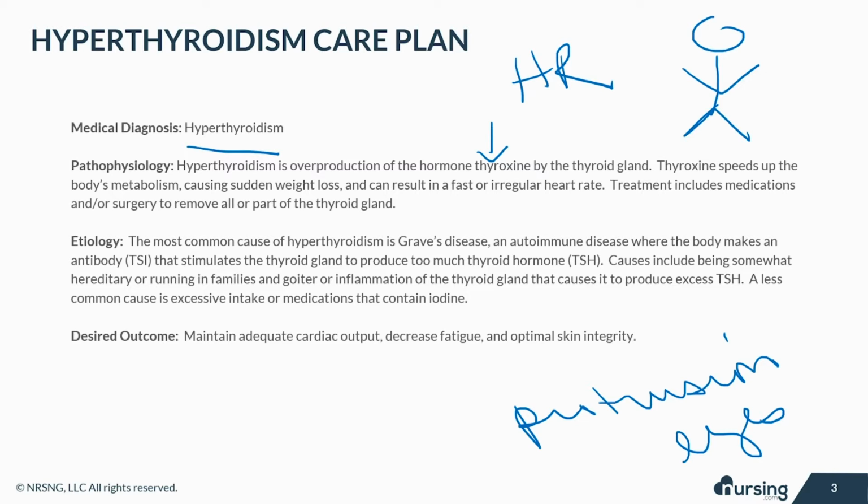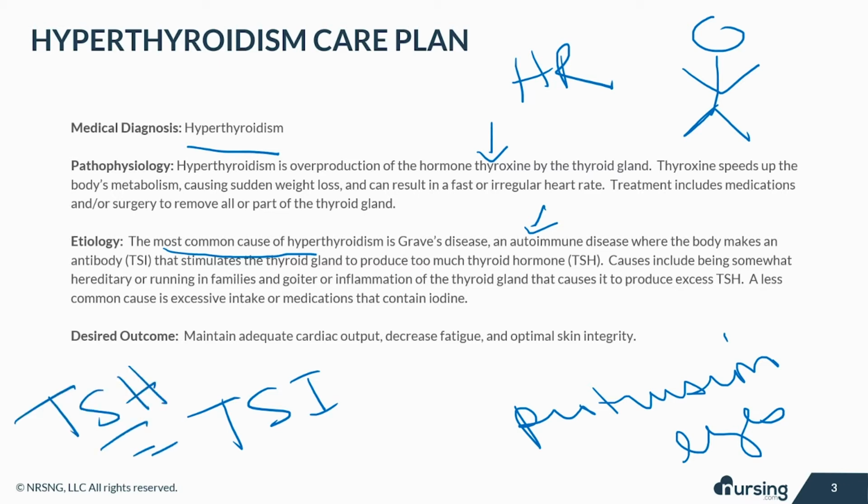The symptoms of hyperthyroidism are similar to other health problems and may go undetected for some time. The most common cause of hyperthyroidism is Graves' disease, which is an autoimmune disease where the body makes an antibody, TSI, that stimulates the thyroid gland to produce too much thyroid hormone, or TSH.